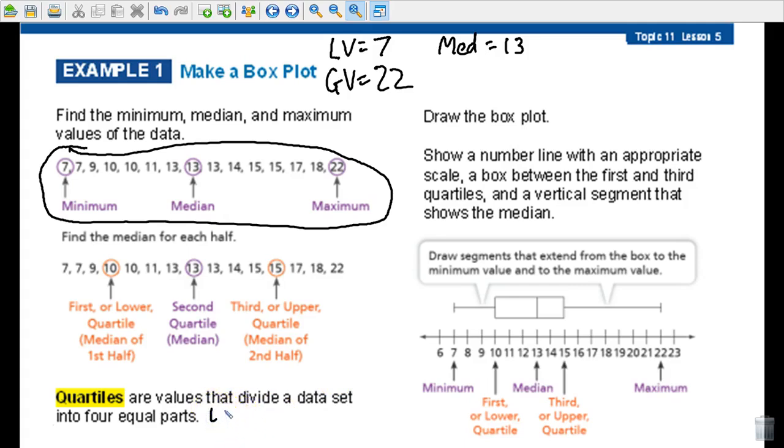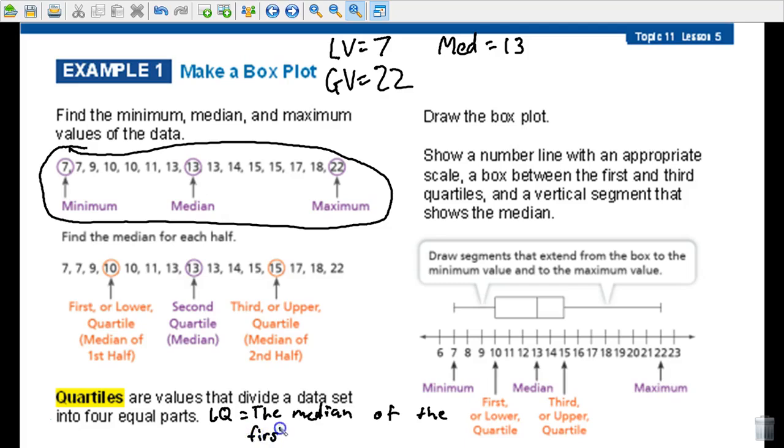Lower quartile, or LQ, equals the median of the first half of the numbers.